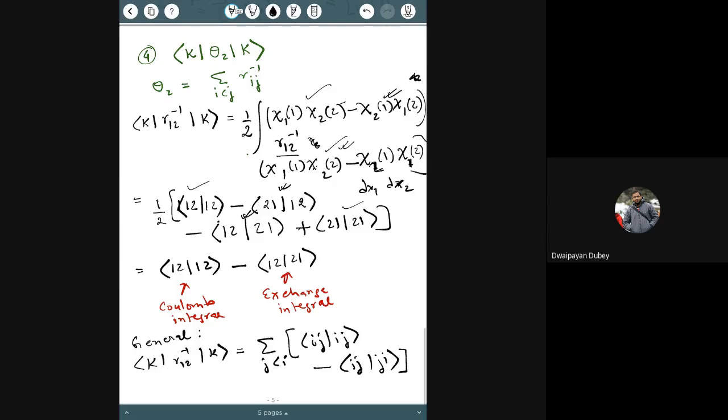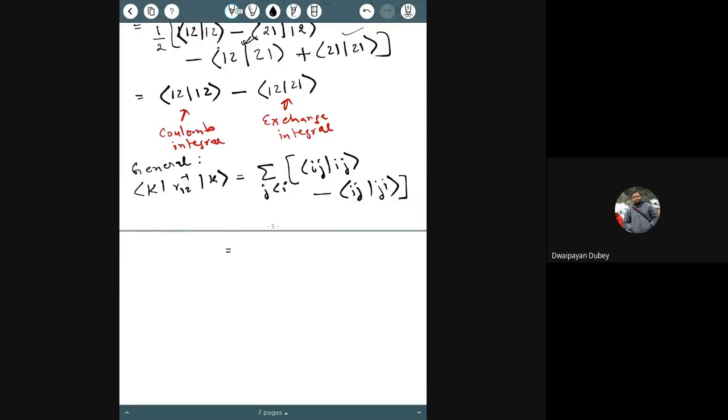Okay, and if I now want to remove the restricted summation, so this is basically a double summation over i and j, where i and j are never equal. So you only have the unique pairs of orbitals in this sum. But if I want to remove this restriction, I can put a half and sum it over all i and j.